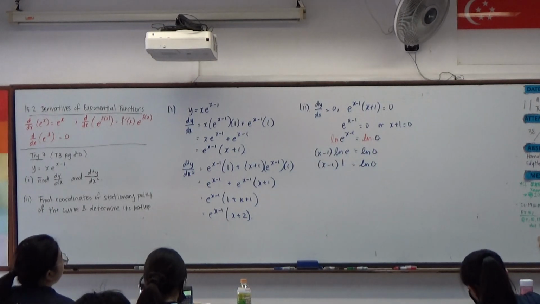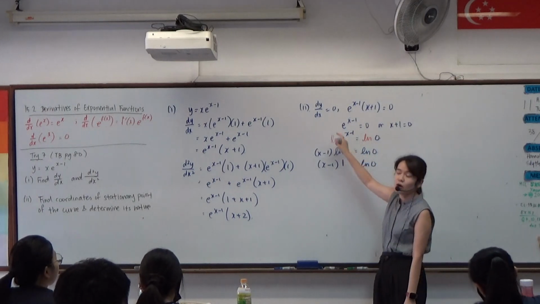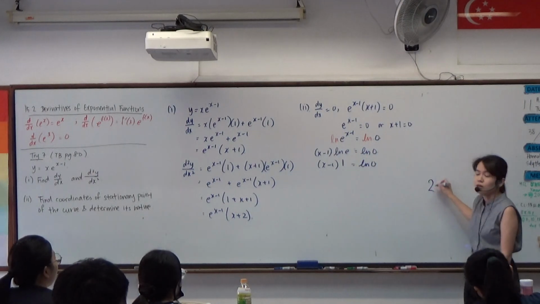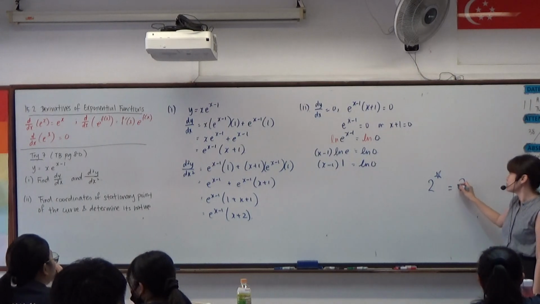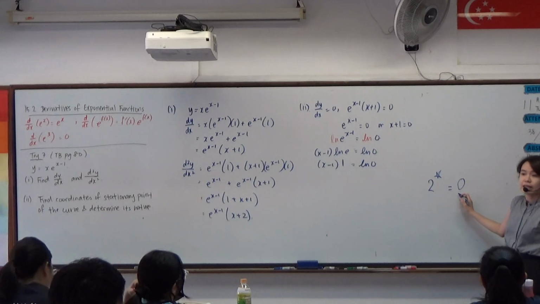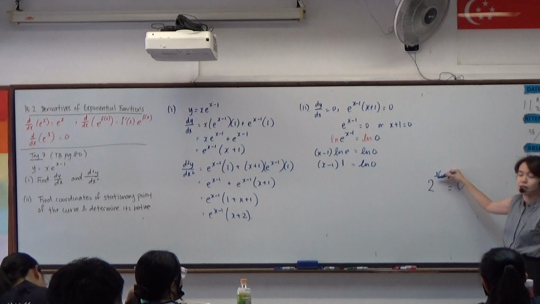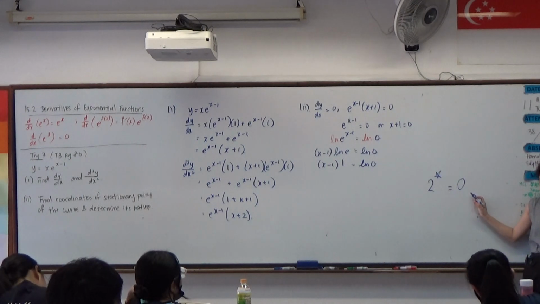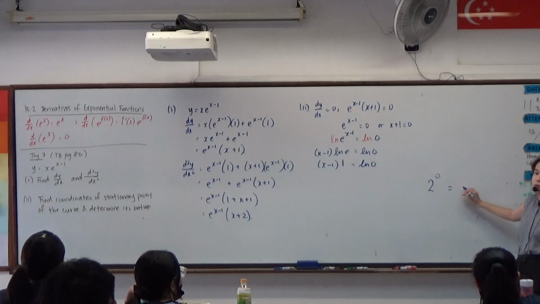But if you were to press your calculator for ln 0, what will you get? A math error. And that is because an exponential, or any number, let's say 2 to the power of something that we do not know, is it ever possible to have 0? We will never have a 0. Because regardless of whatever number you have over here, no matter what, you will never be able to get 0. Even 0 to the power of 0 is supposed to be 1.